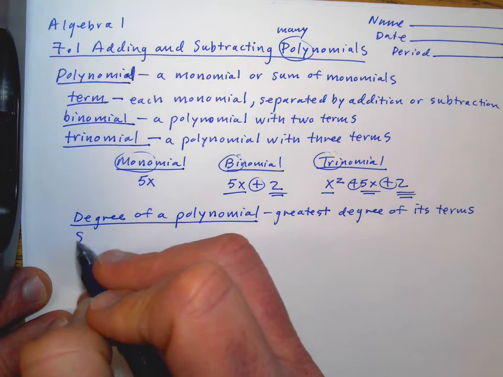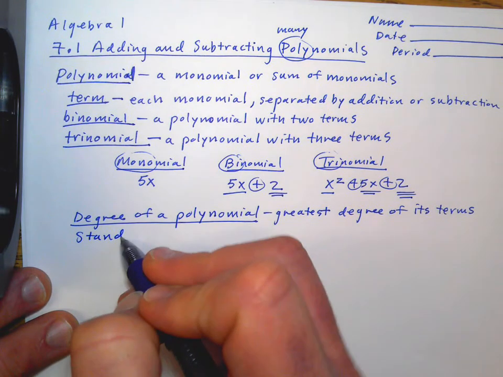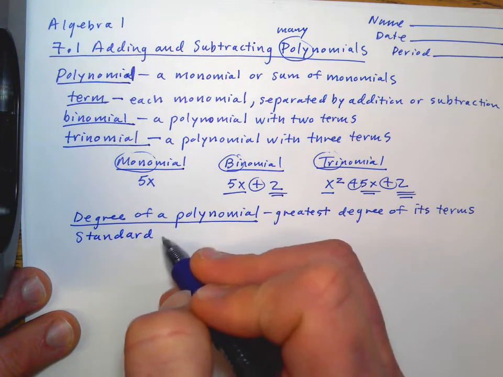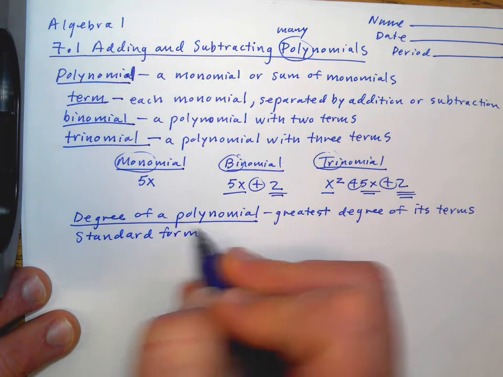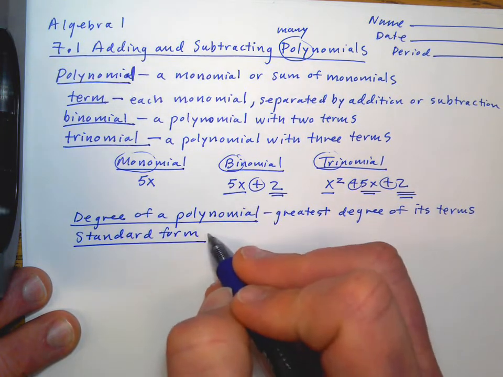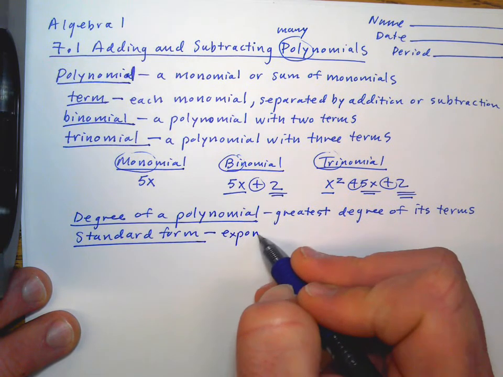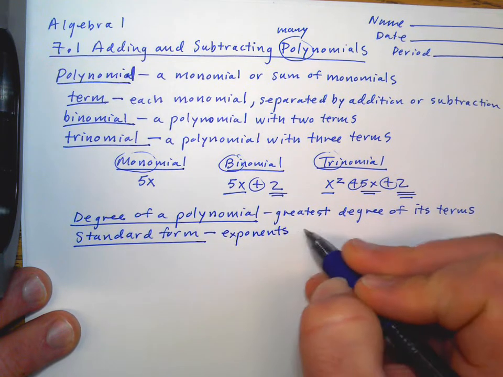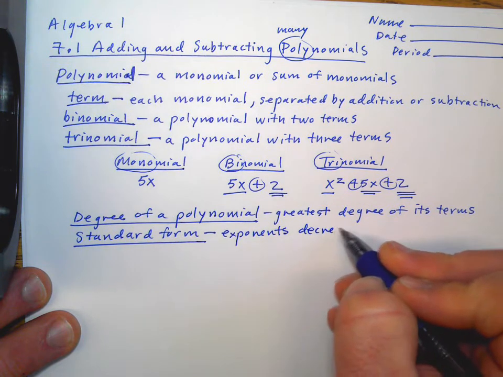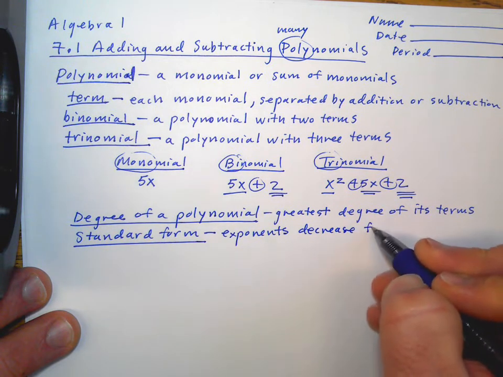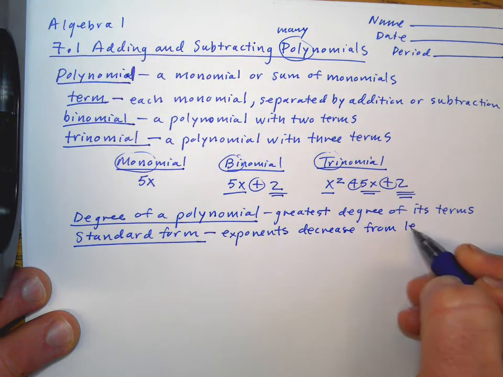Now, another word that we'll throw in there at the same time, standard form. So standard form is when the exponents decrease from left to right.